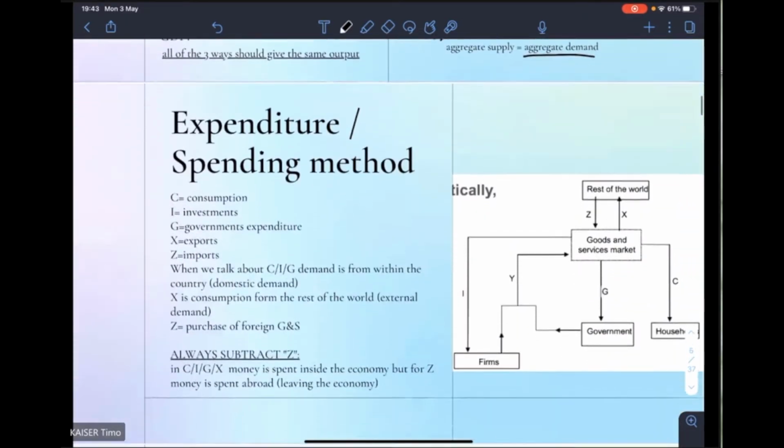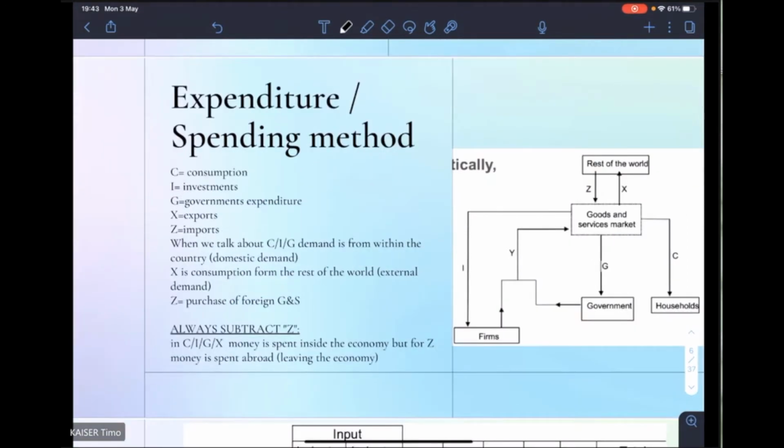So again, as I said, we look a little bit more at the expenditure method, just at the different elements. So C is consumption, Y is investments, G is government expenditure, X is export, and Z is imports.